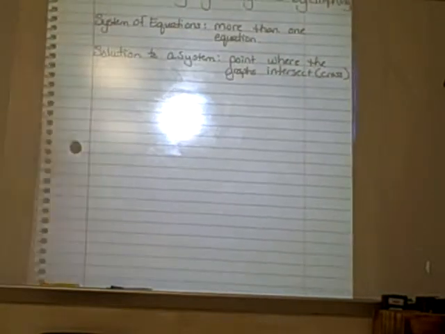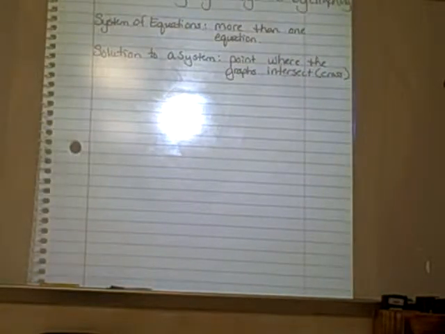The point where the graphs intersect or cross. And so before we get to cutting anything out, I'm going to show you the 3 types of solutions that we're going to have. Because there's only 3 possible ways your answer should look like.